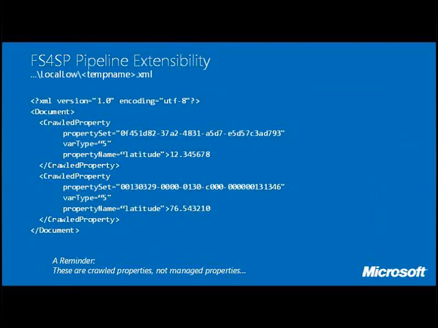In this case, 12.345678. So we've got a typo here because the second crawled property is also called latitude. It's supposed to be longitude. Oops. I've given this probably 5 or 6 times, and I've never actually gone back and fixed the slide, and I laugh at myself every time.